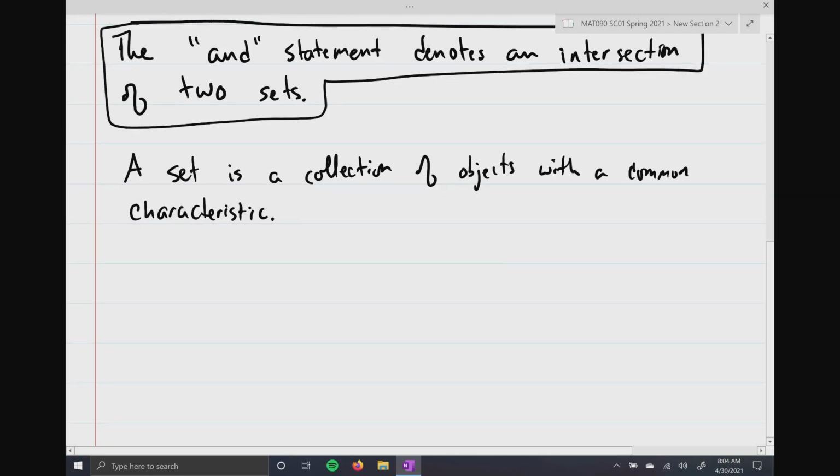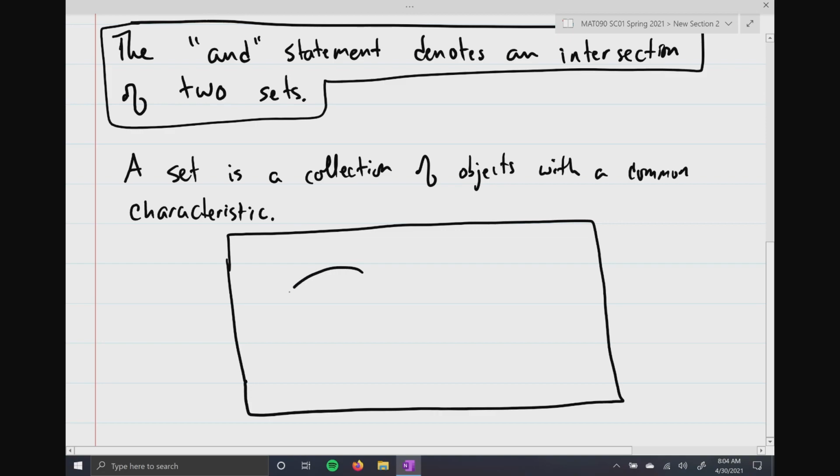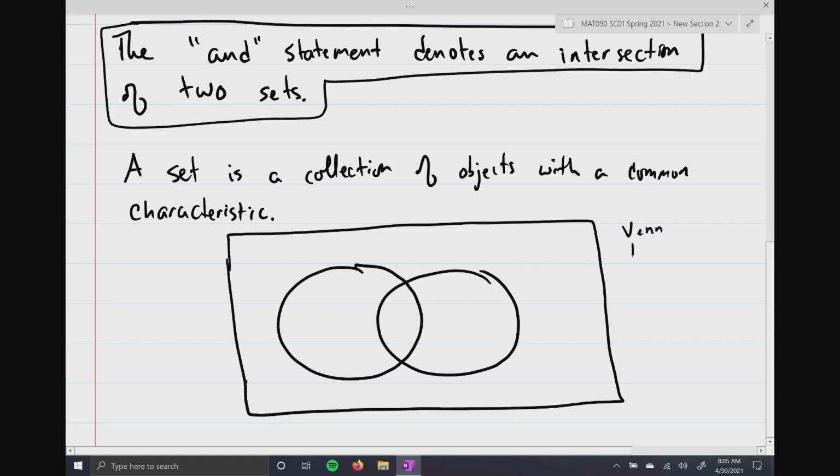Visually, what that looks like is this. This is called a Venn diagram. Some of us may have heard it, some of us may have not. Okay? So it's called a Venn diagram. All right, now in a Venn diagram, we have two sets.